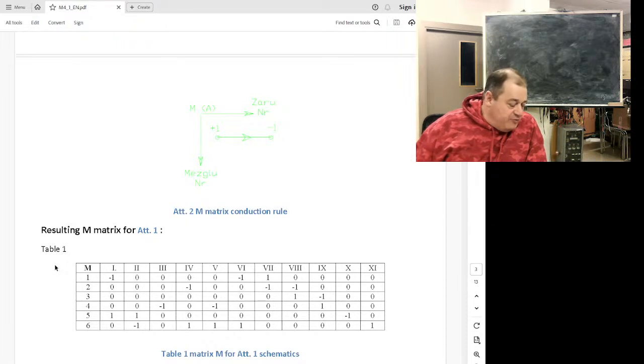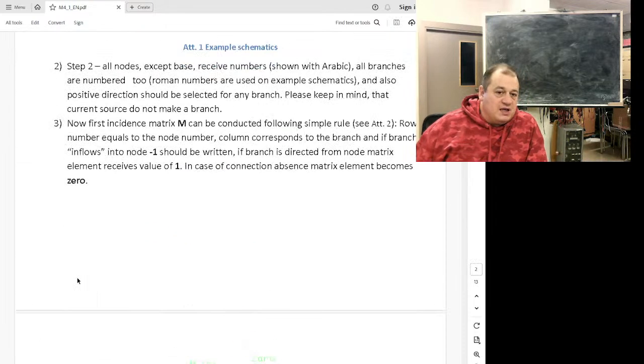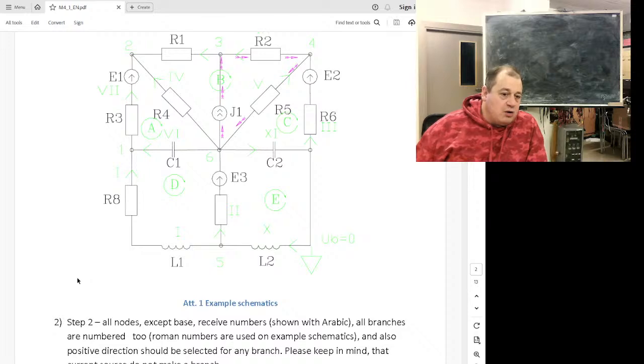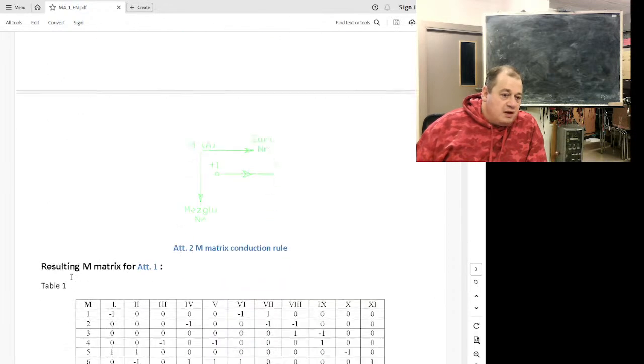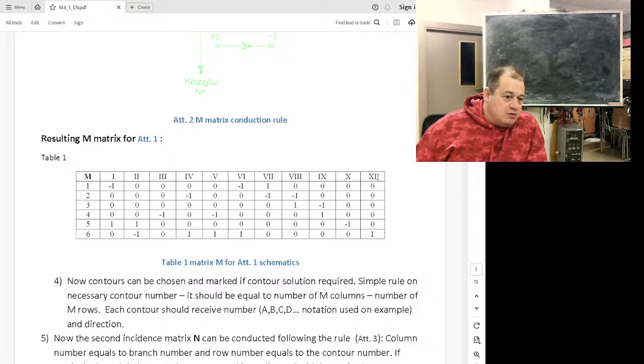If I'm willing to use contour current techniques, or I need the second Kirchhoff law, I can also conduct a contour matrix. For the contour matrix, I need to select the contours. The number of columns of the M matrix minus the number of rows of the M matrix yields the cyclomatic number, or the number of necessary contours.